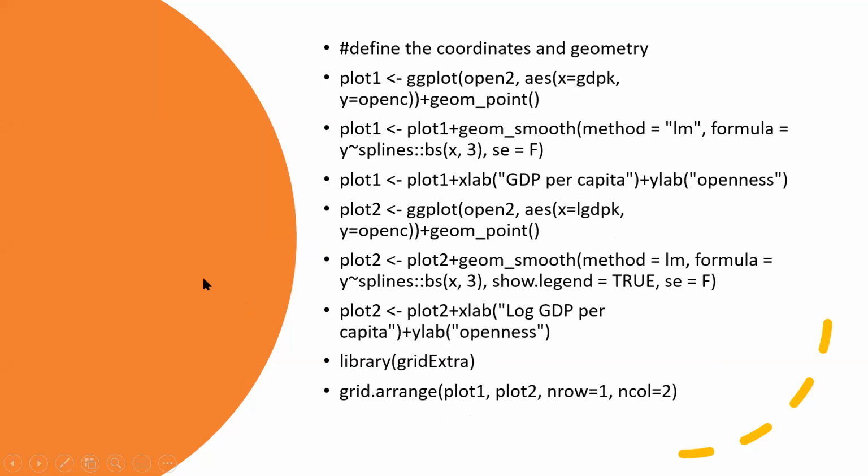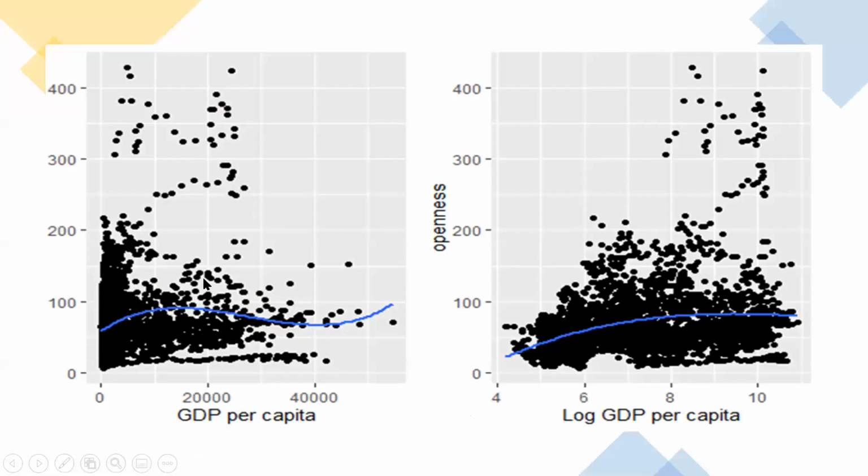I advise that you try it yourself and draw it. If you have done it, here is openness again, GDP per capita. This is what I've tried to do here. And I think what I'm going to do is send the data set to you, that is the open.csv data.